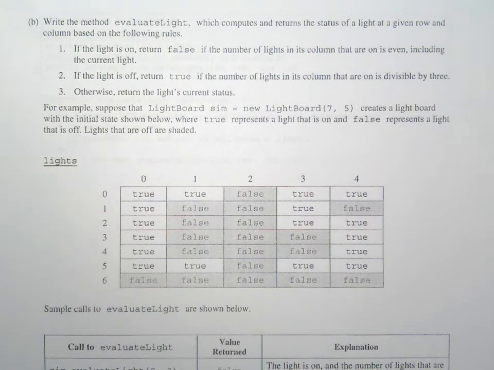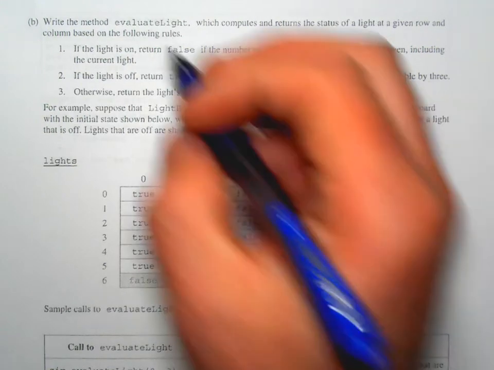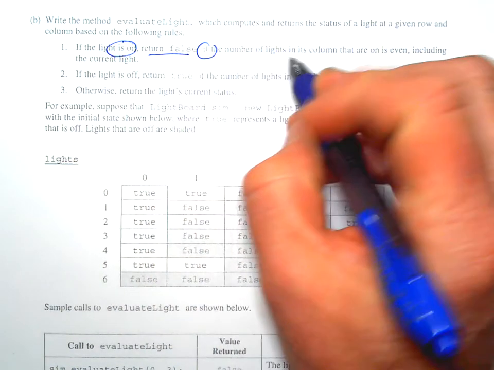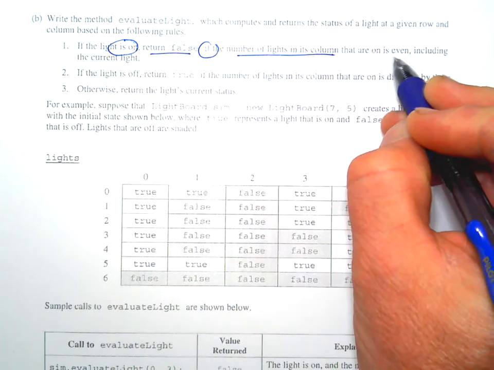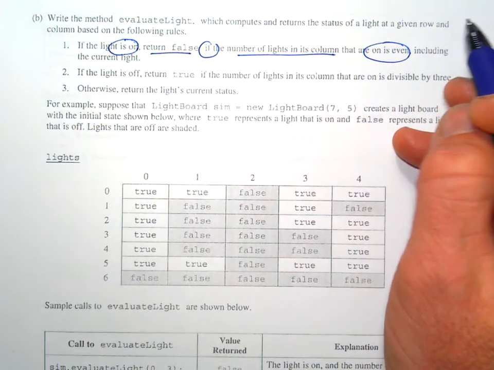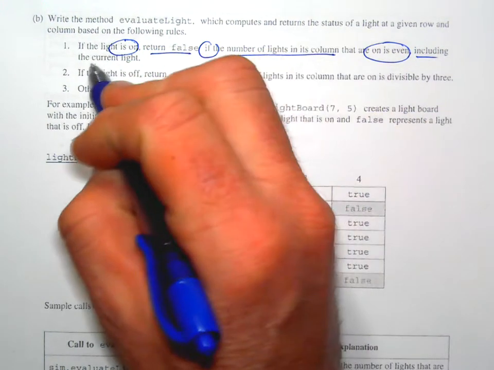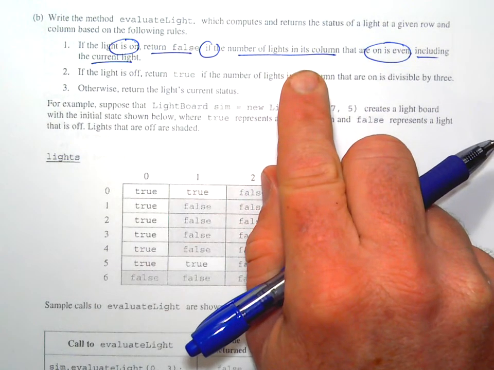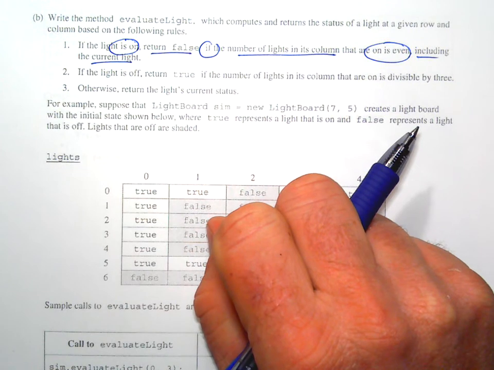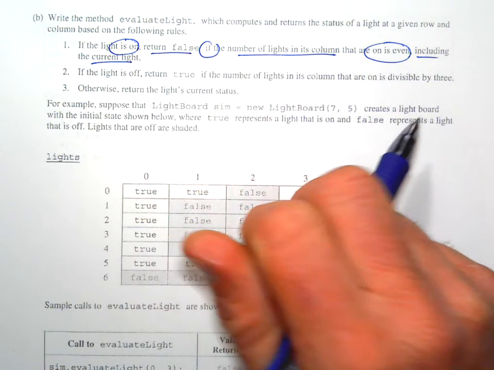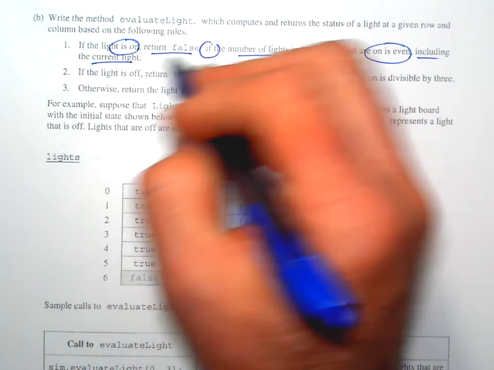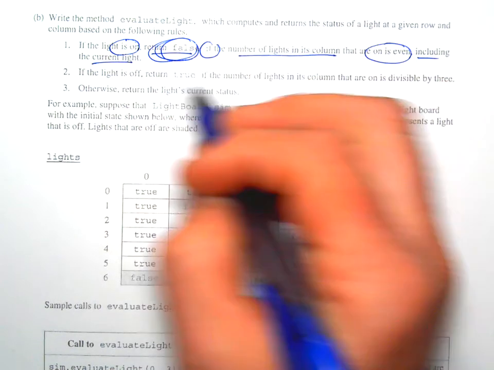The status is kind of weird and complicated. If the light is on, return false if the number of lights in the column is even, including the current light. Now, it doesn't say else return false, and some of you guys did that. That was wrong. It's just if this situation is this way, we're going to return false.